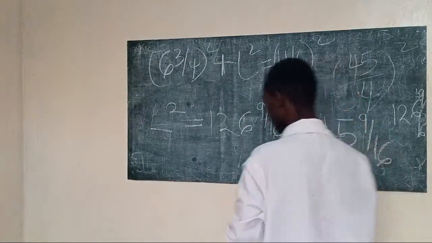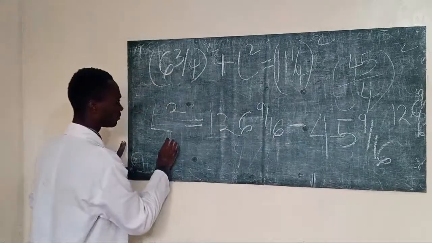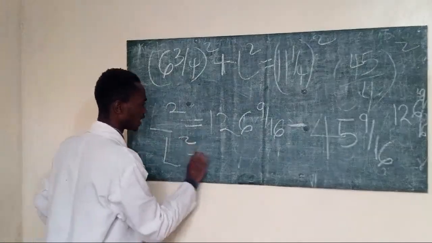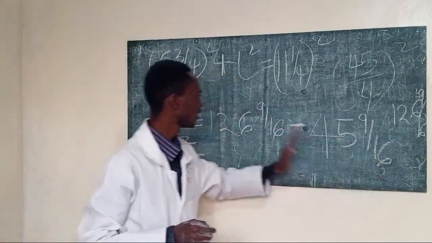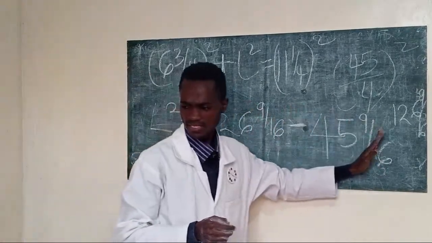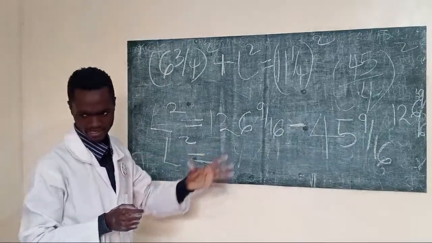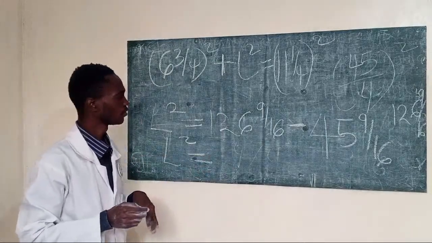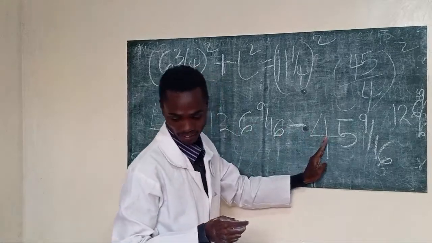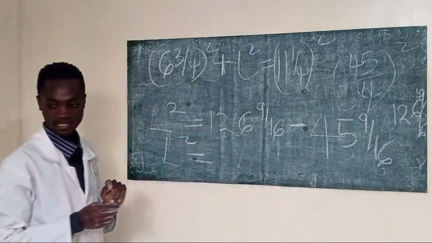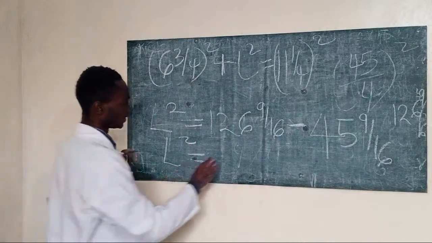L squared is equals to this one minus this one. When I subtract 9 over 16 and 9 over 16, it becomes 0. So I'm left with 126 minus 45, which is equals to 81.